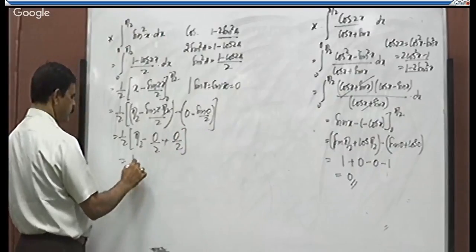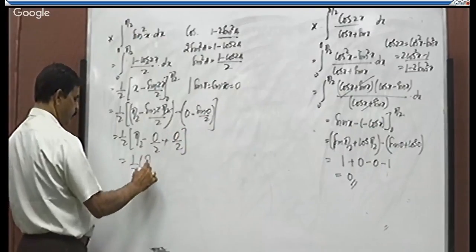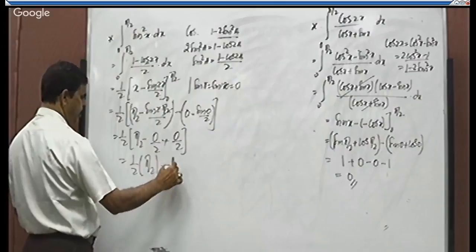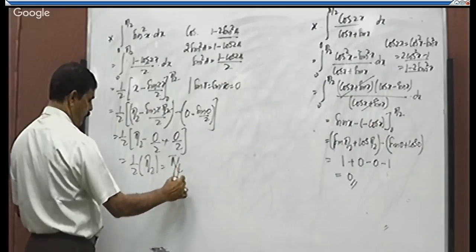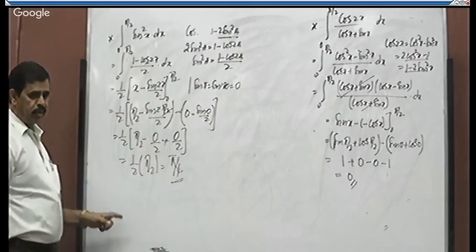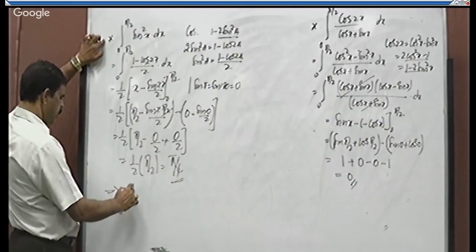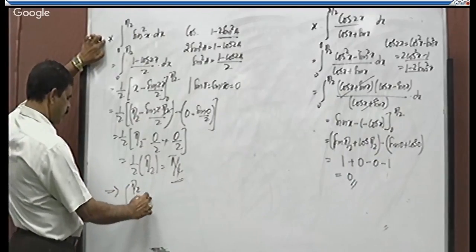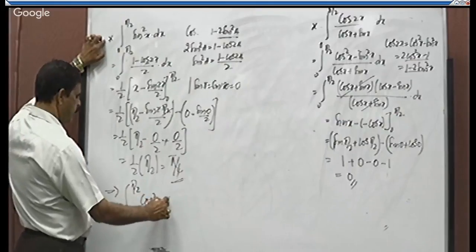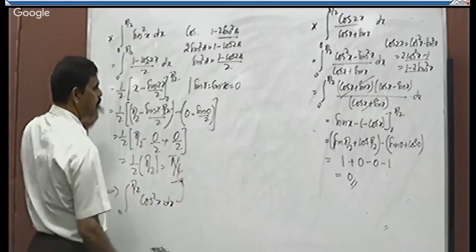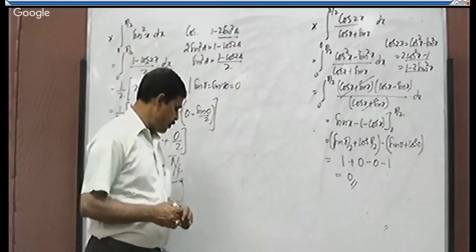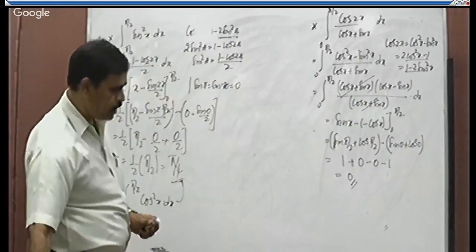So what is the answer? 1 by 2 into pi by 2. It is pi divided by 4. You will get the same answer for cos square x. If you take the same limit 0 to pi by 2 of cos square x, you will get the same answer, that is pi divided by 4.